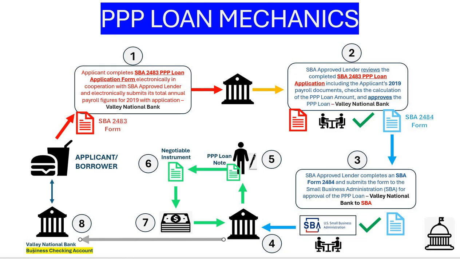It deposits it in the business checking account of the borrower, the PPP borrower. These steps, steps 5, 6, 7, are not what we're taught to believe since the time we're young.